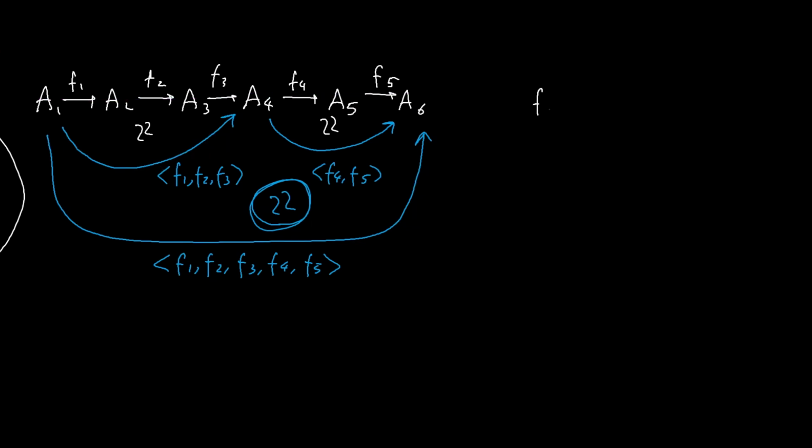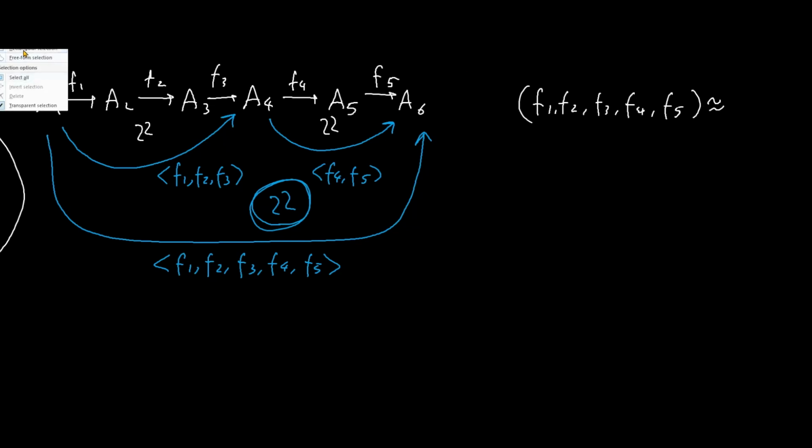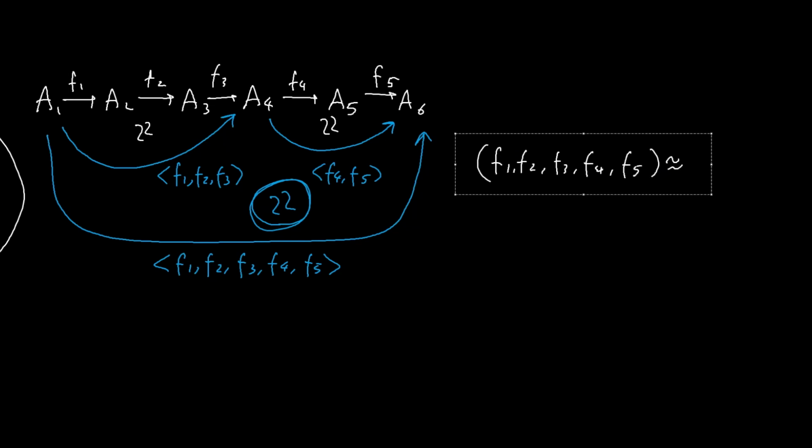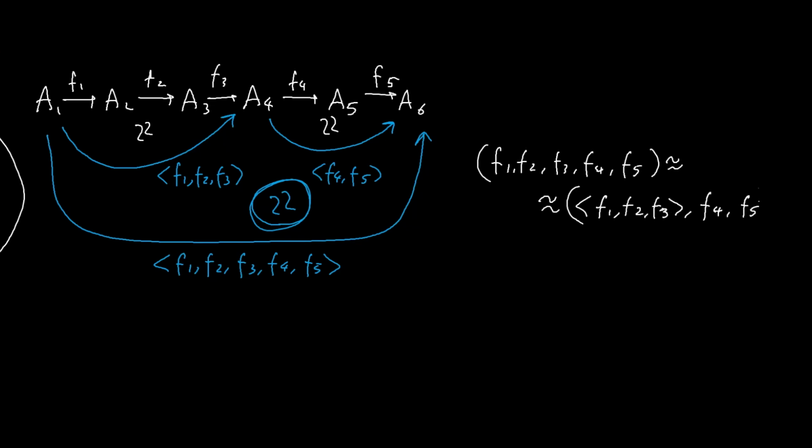So by the congruence property, the path F1, F2, F3, F4, F5 would be equivalent to the path with F1, F2, F3 here, and then F4, F5.